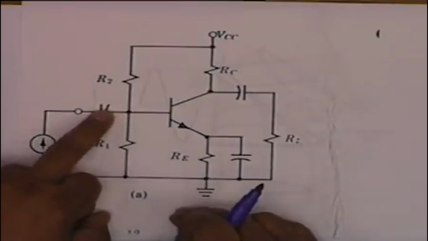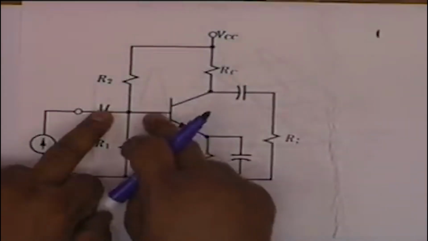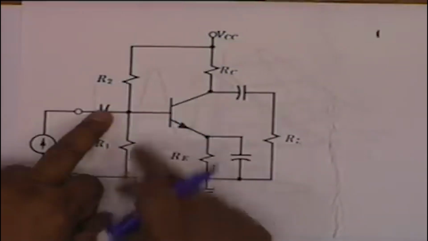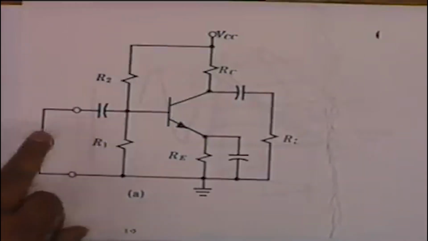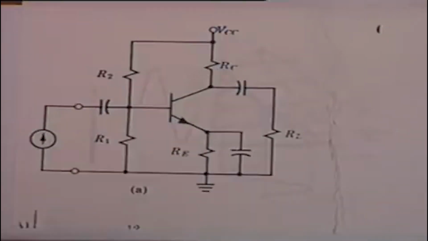What is the impedance that it faces? R2 parallel R1 parallel the impedance that is presented at the input of the transistor. This is the purpose of this capacitor, and it is aptly called a coupling capacitor. It couples the AC source to the amplifier, alright, the transistor.